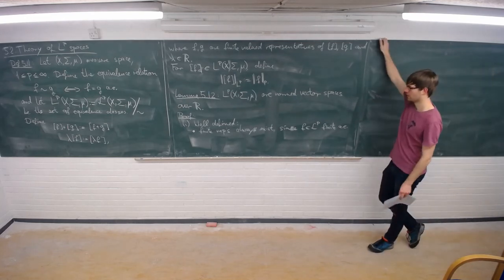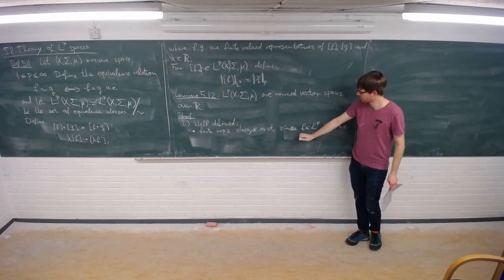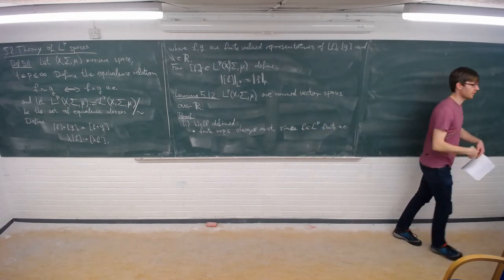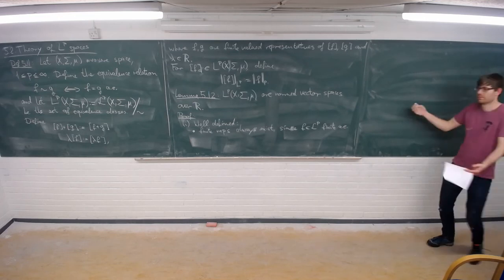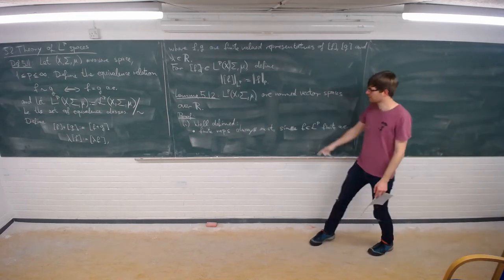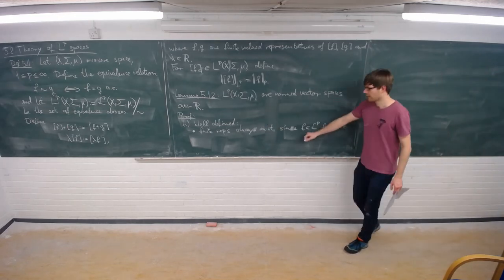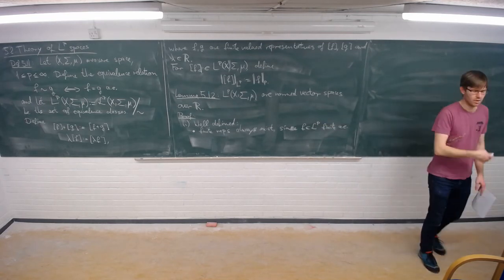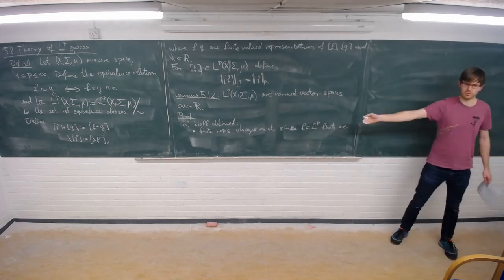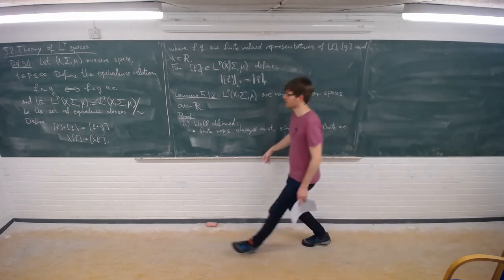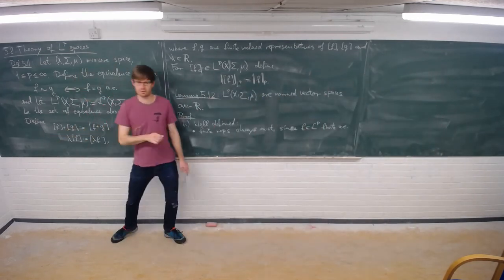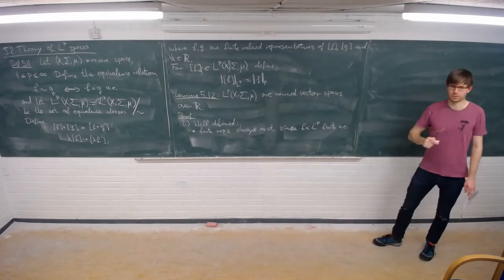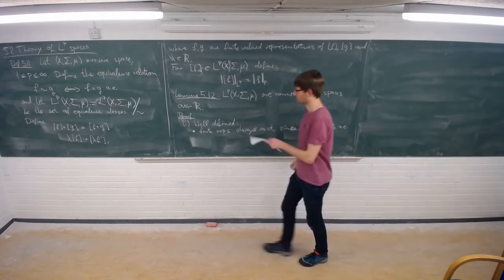So you can always choose this function such that it's finite everywhere, because you can just choose any representative of such a class, and then the set where it's infinite is a set of measure 0. On that set you can just put it equal to 0 if you want, and you still remain within the same equivalence class. And then you have a finite valued representative. So that you can always do.